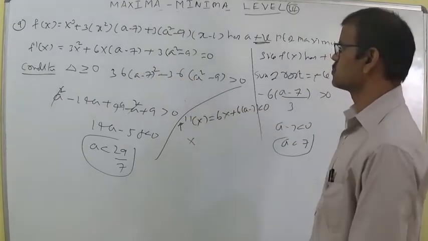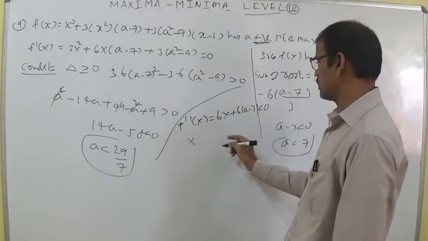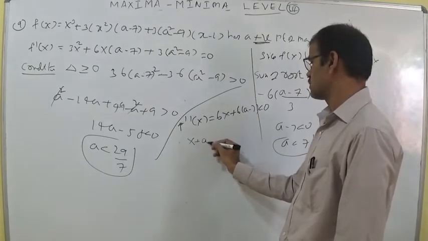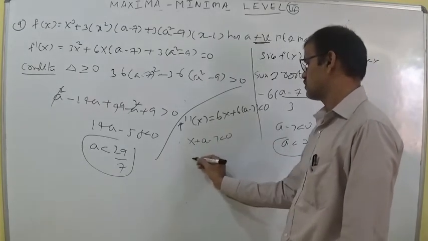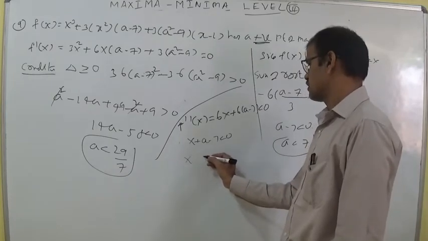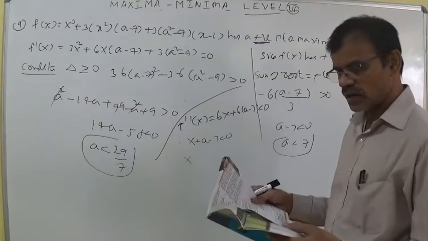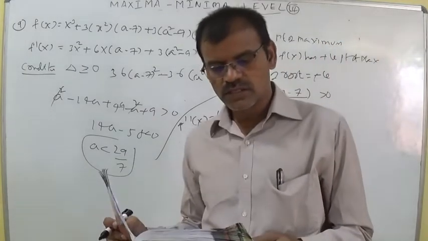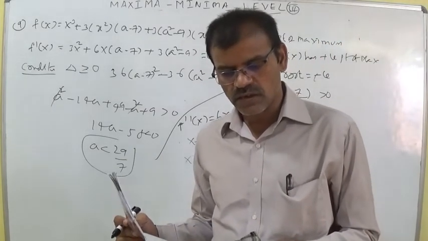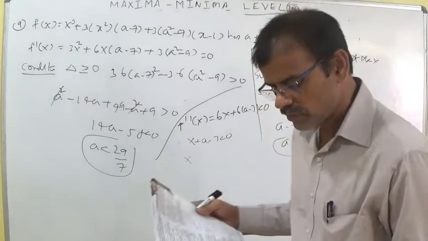Dividing 6x + 6(a - 7) by 6, x + a - 7 < 0. So we can write x, the root, according to a only. He is discussing the characteristic of a only.